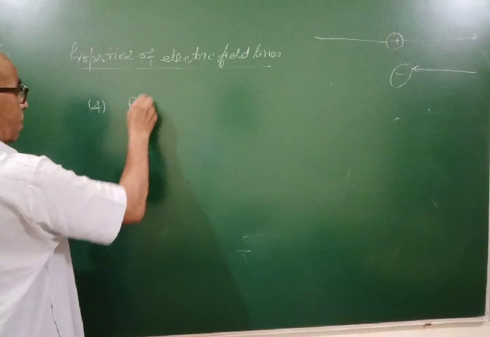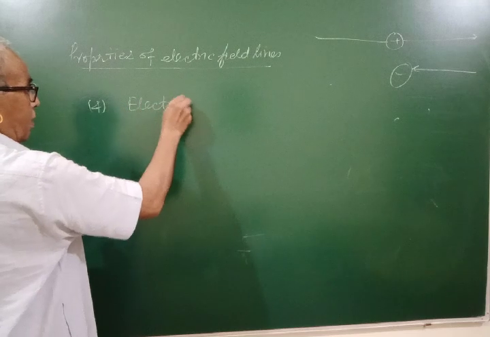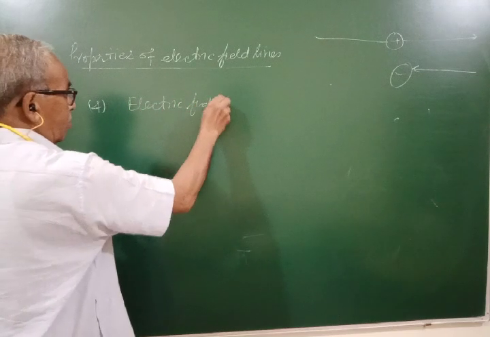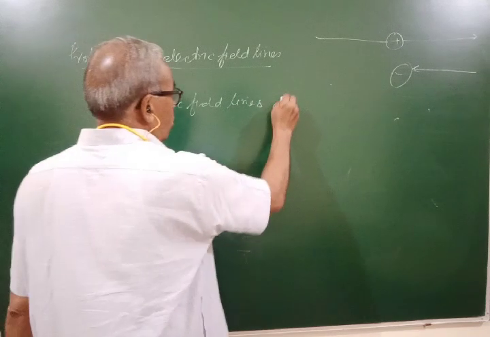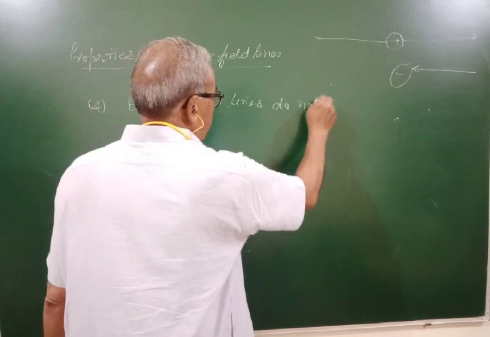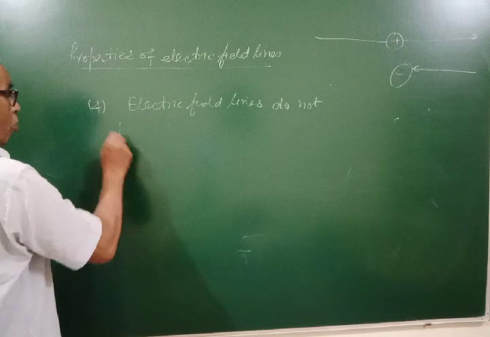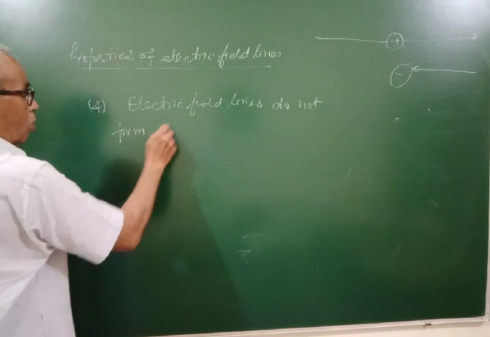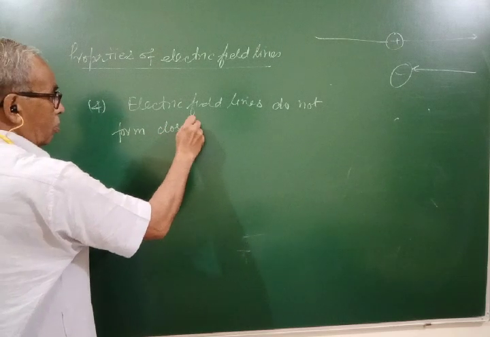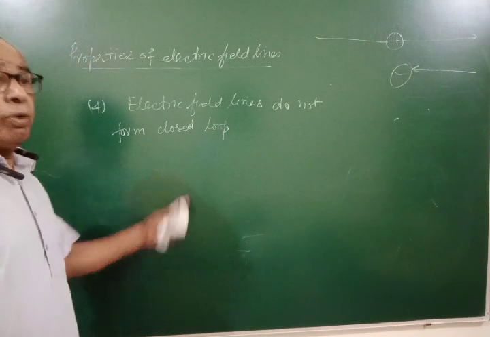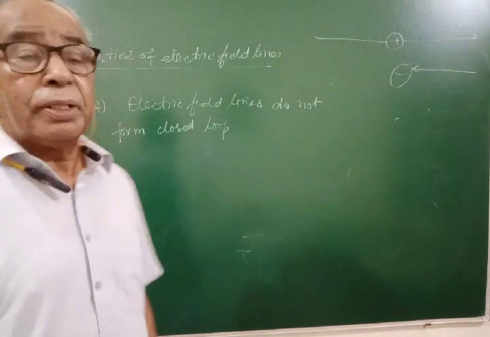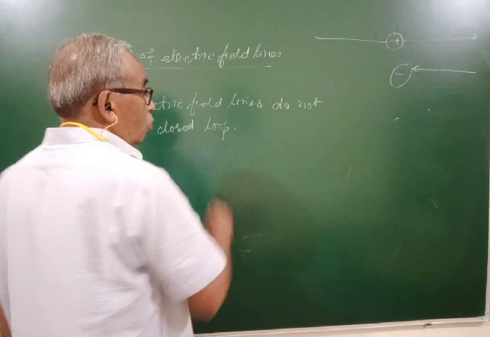Electric field lines do not form closed loops. Magnetic field lines make closed loops, but electric field lines do not make closed loops.